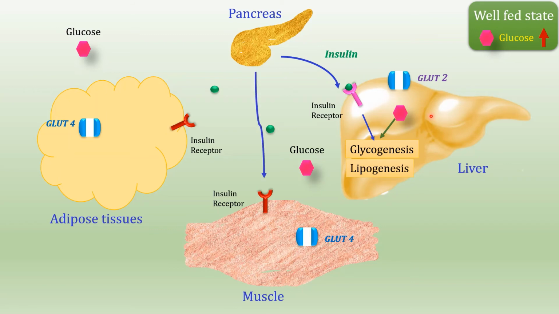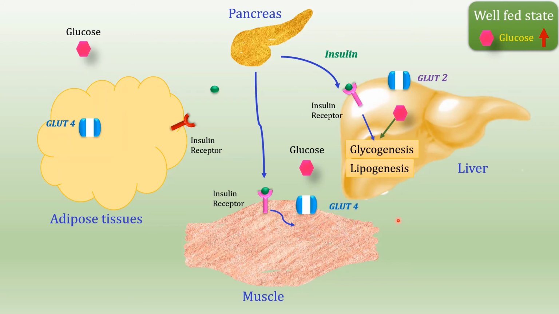Now, what is the action on muscle? In the muscle, insulin receptors are located, and the GLUT4 transporters present in the muscle are insulin dependent. So whenever there is hyperglycemia, insulin binds to the insulin receptors on the muscle, which get activated and bring the GLUT4 transporters to the surface.